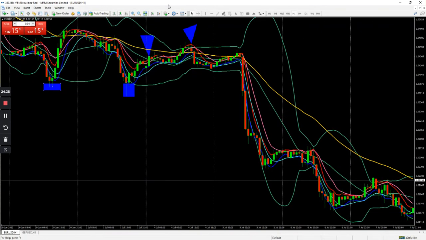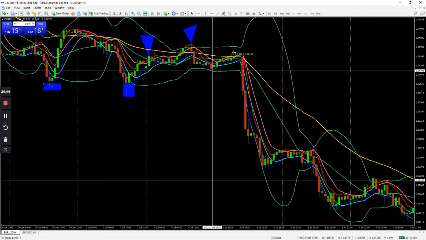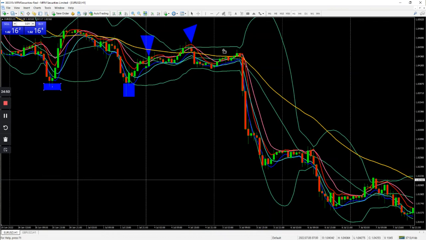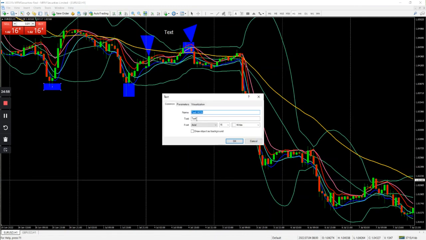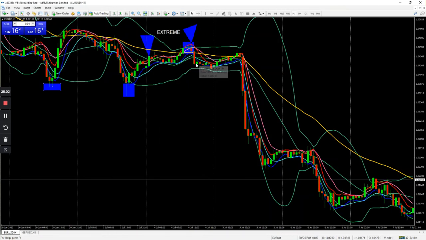In the sideways market, you can see it comes here, 40 pips, goes up about 32 pips, 33 pips. So coming back to basic, this is extreme.